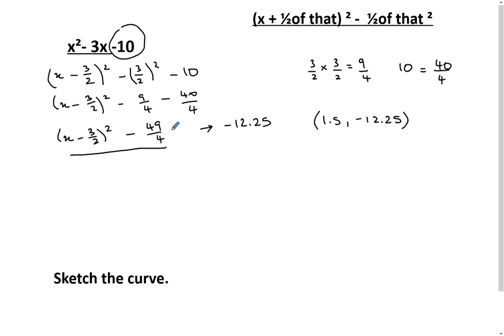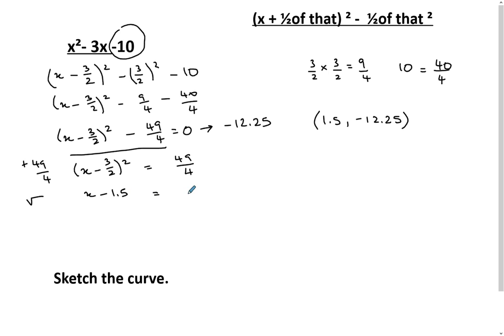Okay, but for the purpose of solving it, I just leave them as improper fractions, and then I would plus 49 over 4. So I've got x minus 3 over 2 all squared equals 49 over 4. Okay, and then our normal steps, square root, and if at this point you want to convert it into a decimal, that's fine.